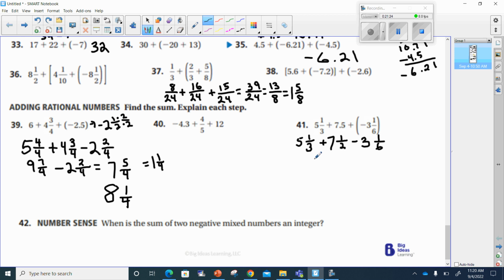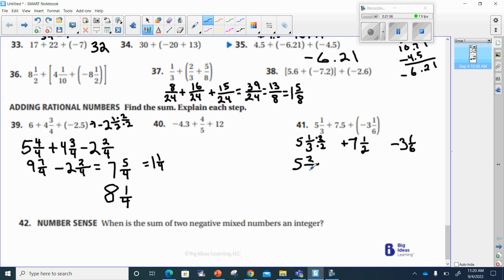I'm going to give myself a little space to work here so everyone understands what I'm doing. Same problem, just a little space to do all the stuff I've got to do. Okay, now what I'm going to have to do here is multiply this by 2 over 2 so I can get 6 on the bottom. That's going to turn this to 5, and 1 times 2 is 2, and 3 times 2 is 6.